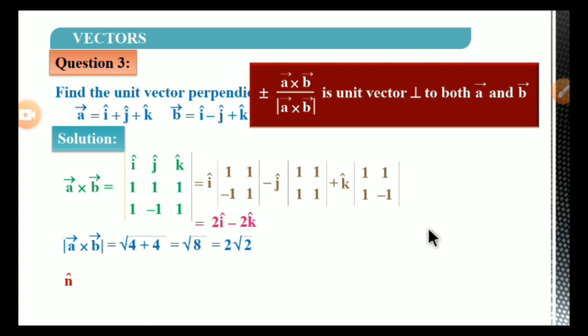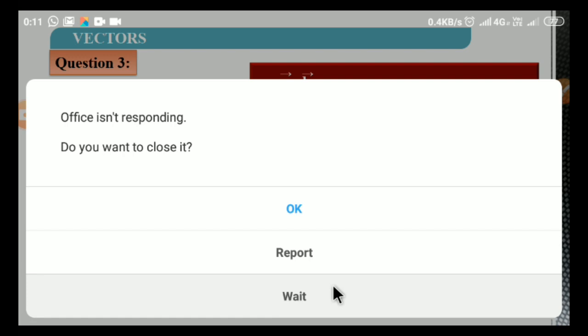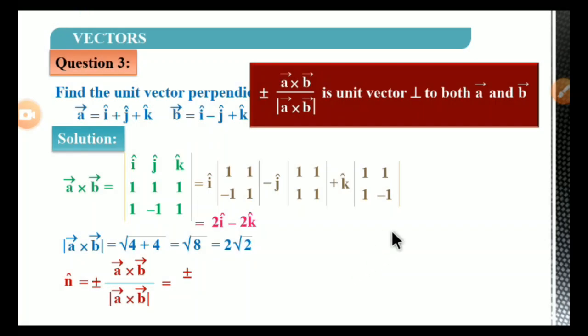Now we can find the unit vector which is perpendicular to both A and B, given as n cap equal to plus or minus A cross B divided by magnitude of A cross B. Therefore, plus or minus A cross B is 2i minus 2k divided by the magnitude of A cross B, which is 2 into square root of 2.